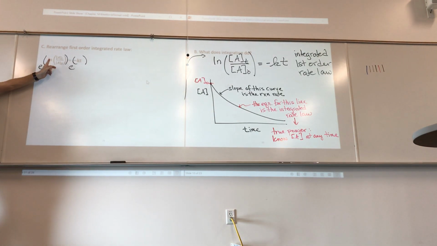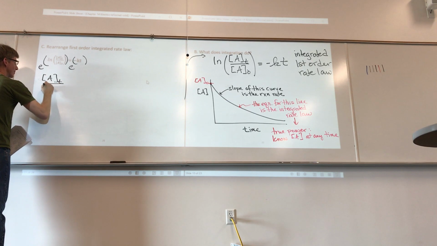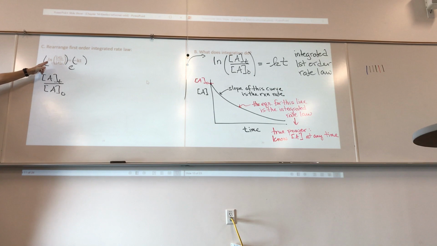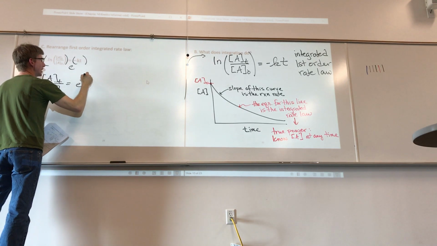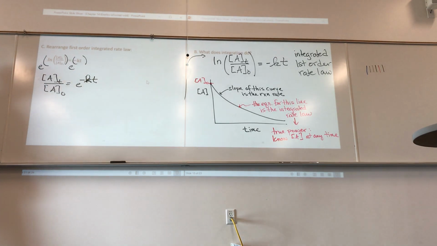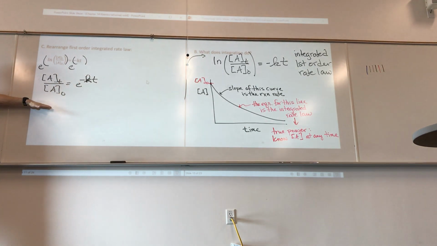Exponential function and natural log function cancel each other out. They're like 10 to the x and log x. So all we get when you take e to the ln of something is just that thing. These are cursive k's, little k's. And so e to the minus kt, this is another version of it.